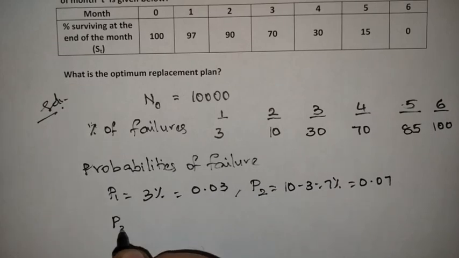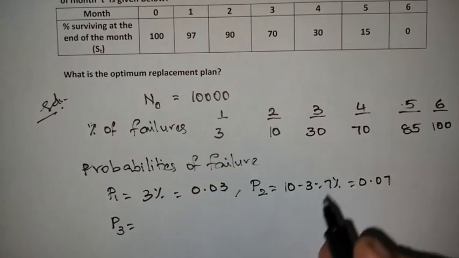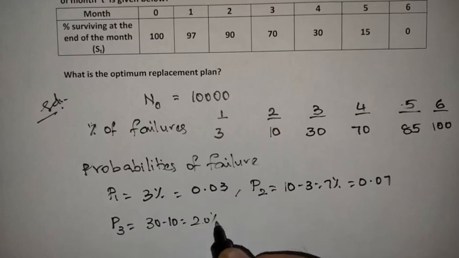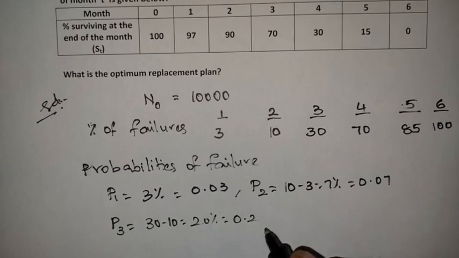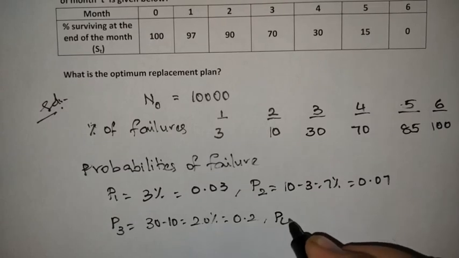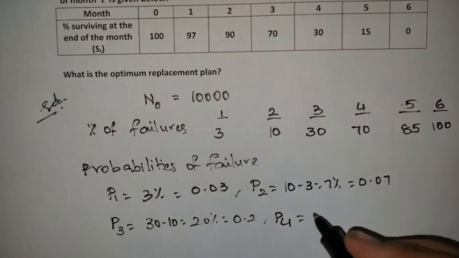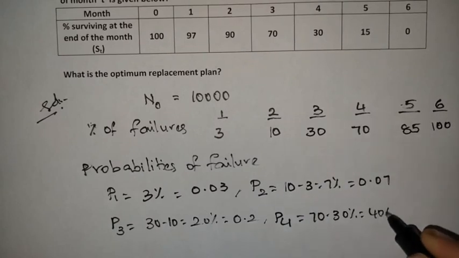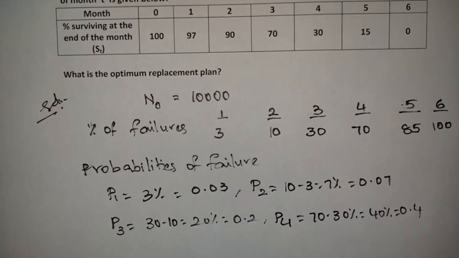Next, third month, 30 minus 10, that equals 20%, and the value is 0.2. And next, in fourth month, 70 minus 30, that equals 40%, that means 0.4.